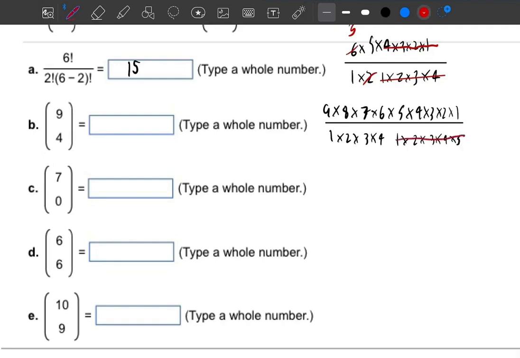We're gonna do the same thing, eliminates all the number here, here, and here, and here, and also here. So 3 times 2 times 7 times 3 will equal to 126.